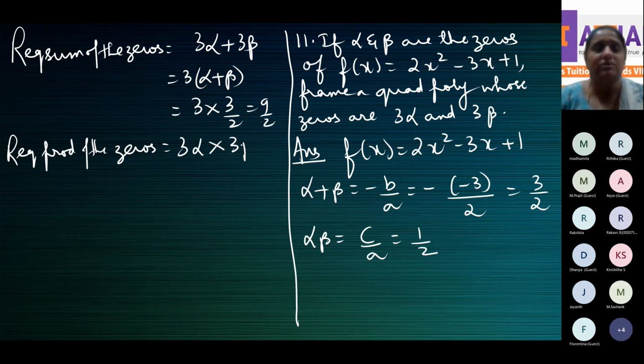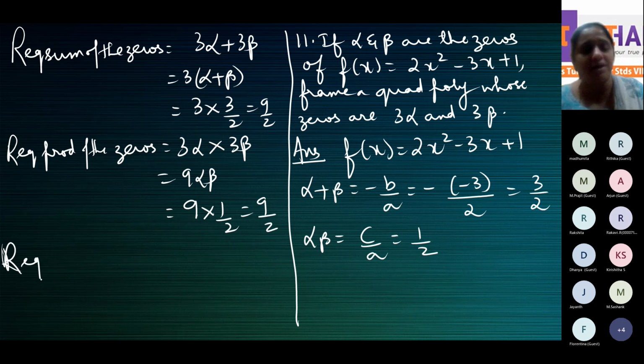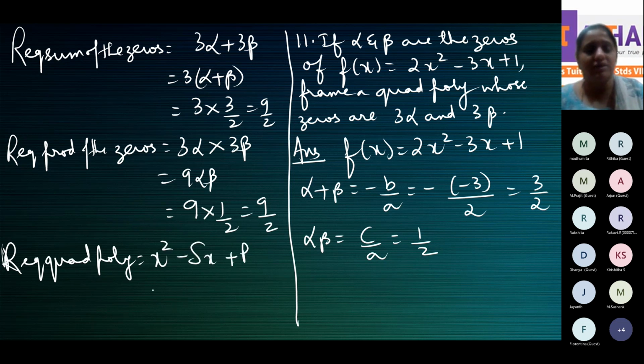Product will be 9 alpha beta. And alpha beta is 1 by 2. So 9 by 2. So the required quadratic polynomial is equal to x squared minus sx plus p. That is x squared minus 9 by 2x plus product 9 by 2.